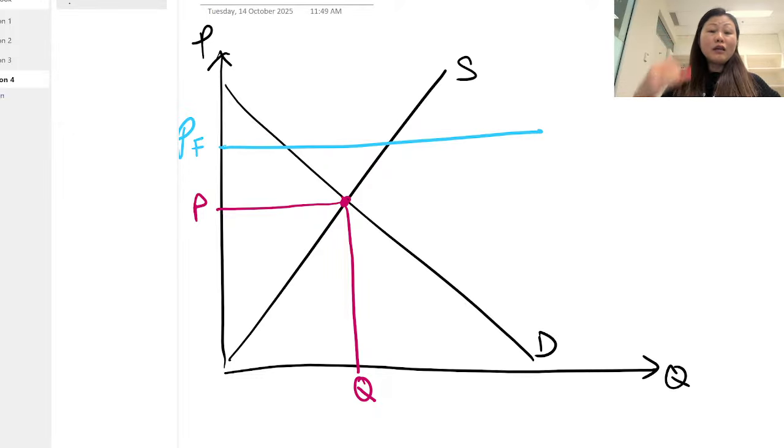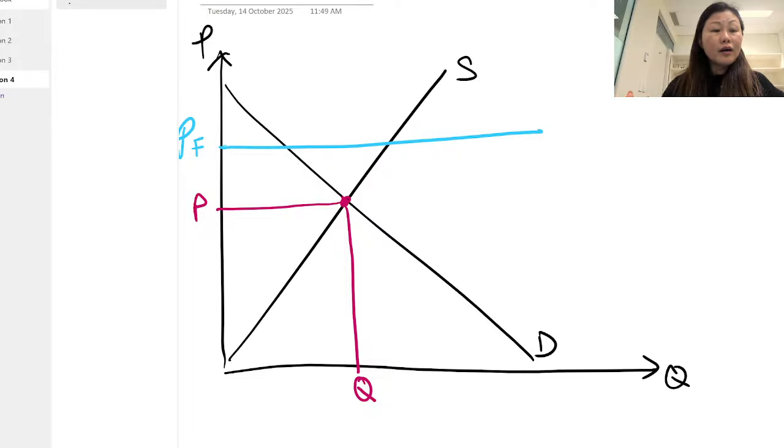If it was below our equilibrium price, it wouldn't be effective because it will naturally stop at an even lower price. Okay? So it wouldn't achieve what it was meant to achieve. So it must be above the equilibrium price.